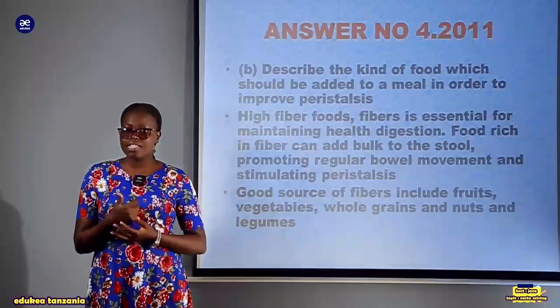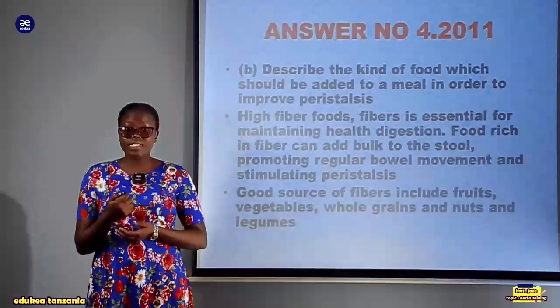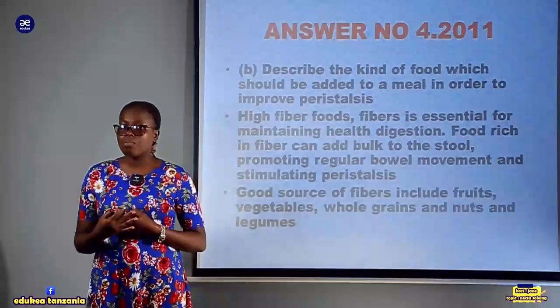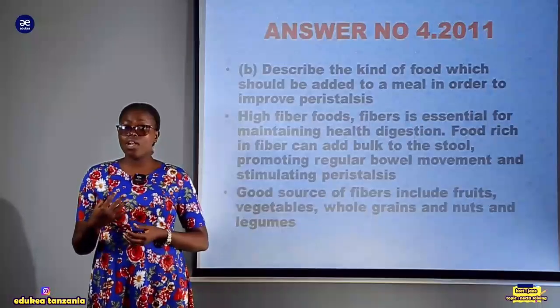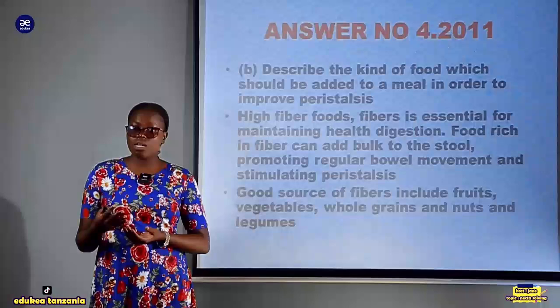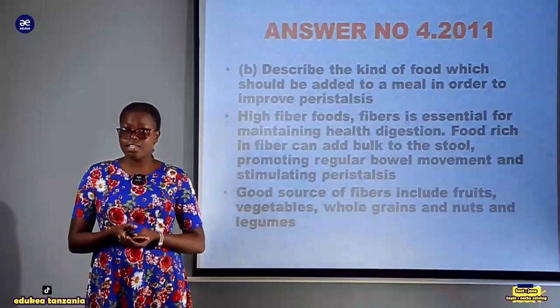Kwa hiyo mtu ambaye peristalsis imestop, there is a need. Katika chakula tunajua kwamba mara nyingi, kwa mfano wale ambao wanaendaga hospitalini wanaambiwa wana shida ya choo, wanashauriwa sana wale roughages, wale matunda pamoja na mboga za majani, kwa sababu zinakuwa zina fibers, ambapo fiber inasaidia katika digestion.